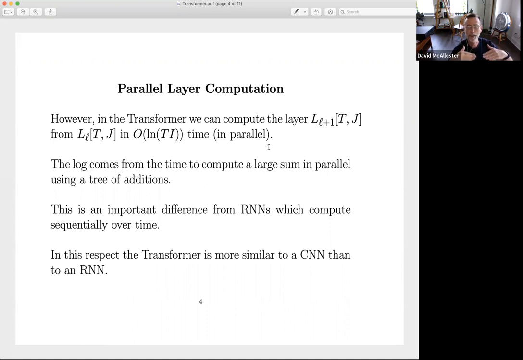So if all the computation can be done in parallel, we're going very fast. And these days, people use really massive parallelism. So it's the parallel runtime that has become more important, especially if you're in industry where you have tons of compute power. Okay, so that is one big advantage. It's not just the attention phenomenon, which is also important, but the other big advantage is that it's faster.